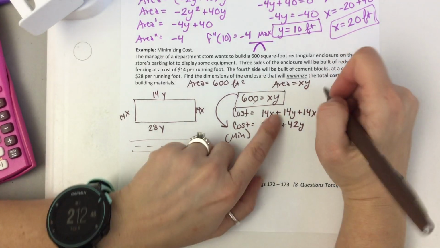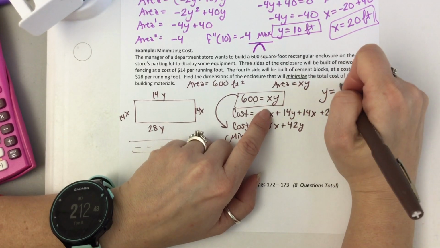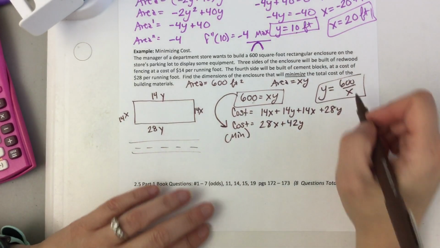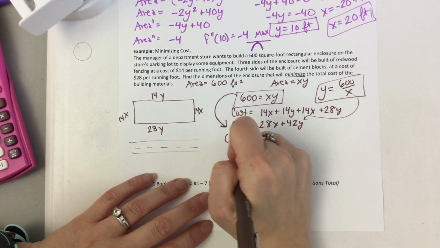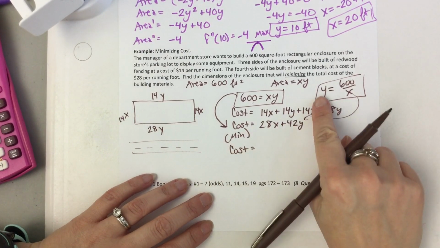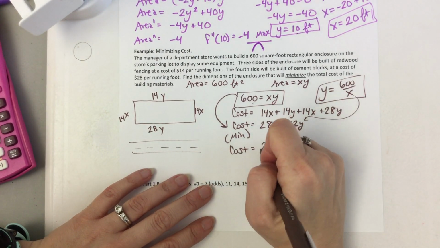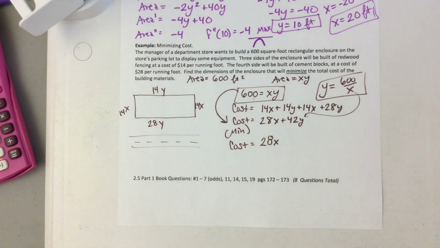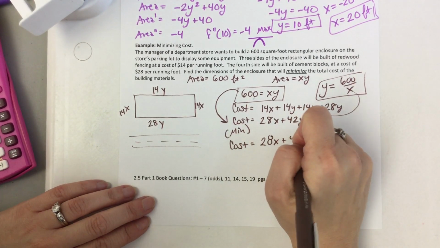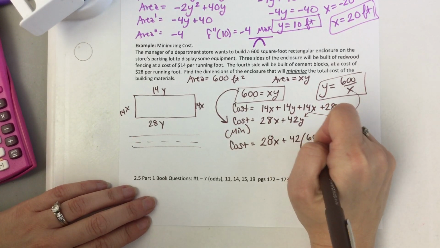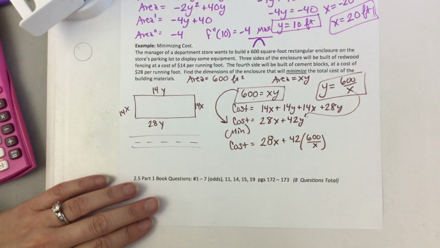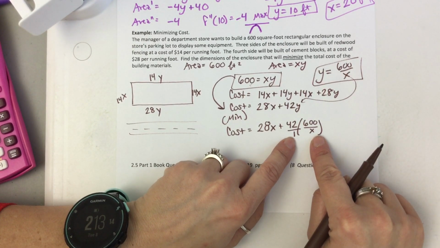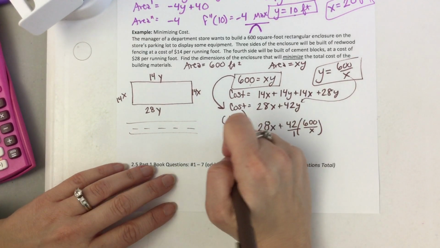So let's say I solve for y. Y would equal, if I divide both sides by x, 600 divided by x. So what I have to do is go to the cost function and replace y with 600 over x. So I have 28x plus 42 times y, where y is 600 over x. Now remember, when you are multiplying fractions, it's top times top, bottom times bottom.